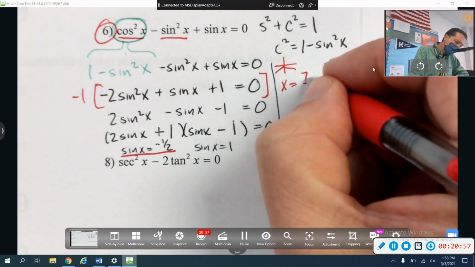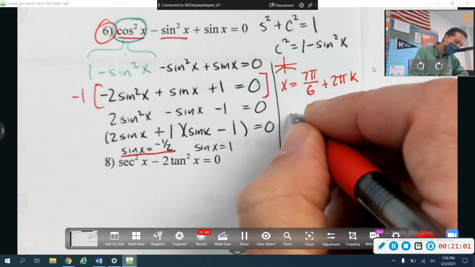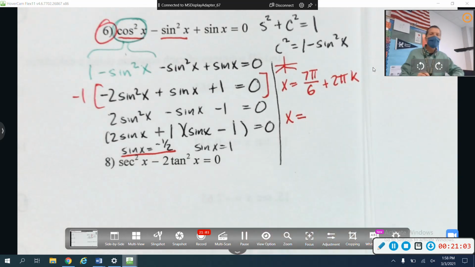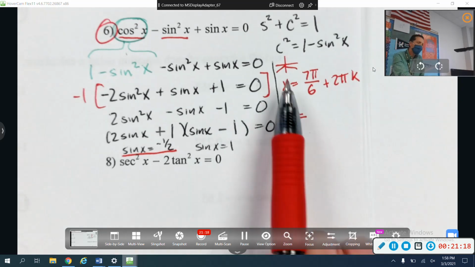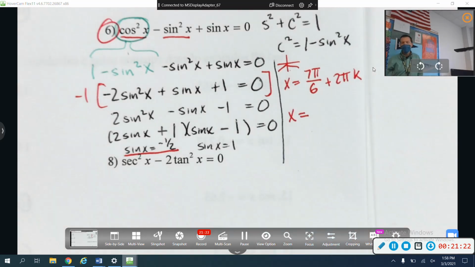So I'll do 7 pi over 6 plus 2 pi k. And what's the other one? What's the fourth quadrant pi over 6 angle? It's 11 pi over 6.